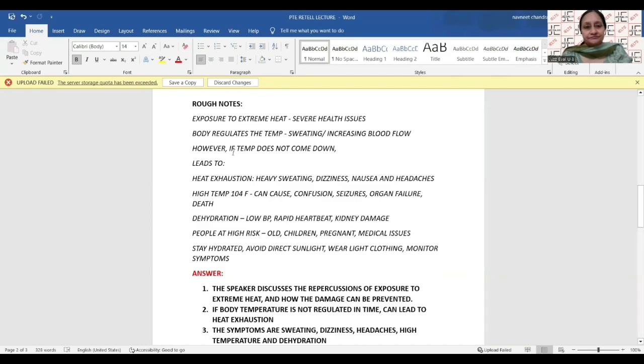Exposure to extreme heat can have severe consequences on the human body. When the body is exposed to high temperatures, it tries to regulate its temperature through sweating and increasing blood flow to the skin. However, if the body is unable to cool down enough, it can lead to heat exhaustion or even heat stroke, which can be fatal. Yes, and heat exhaustion can cause symptoms such as heavy sweating, dizziness, nausea, and headaches.